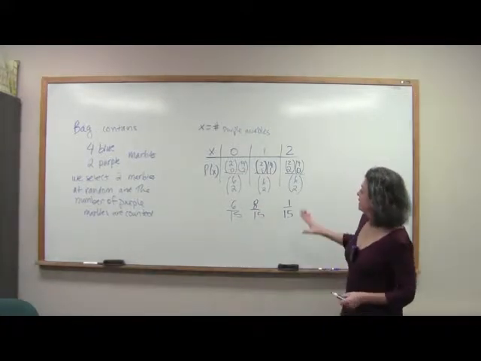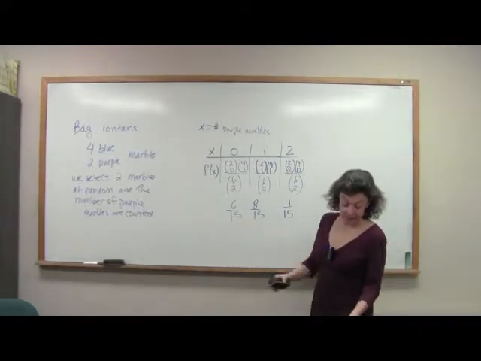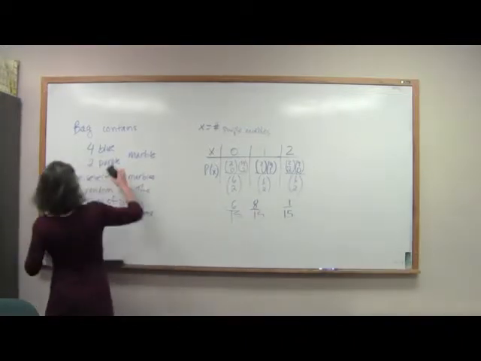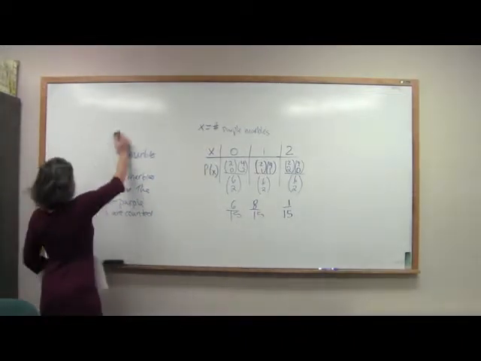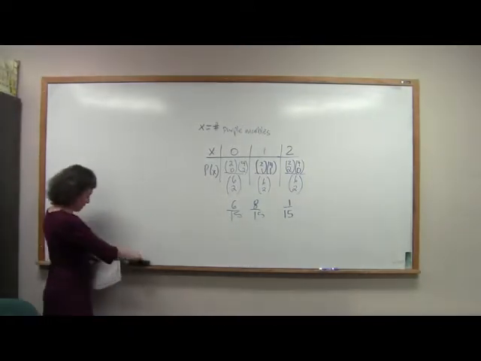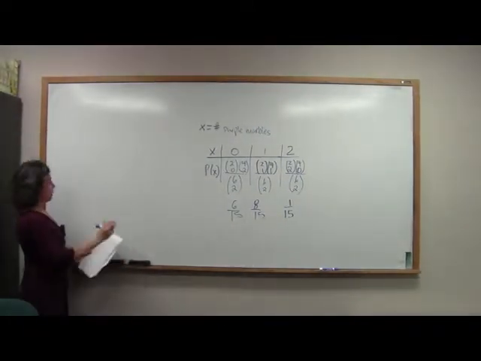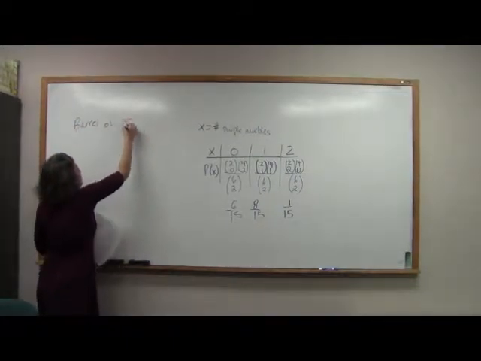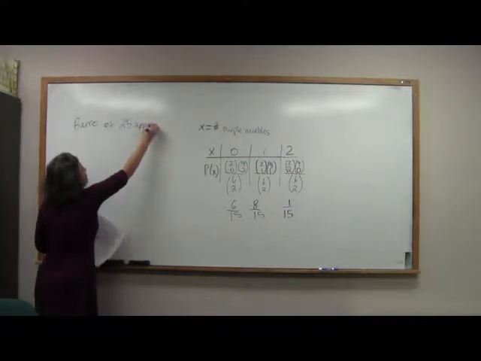All right, let's take another example similar to this. Okay, now what we're going to do is, instead of talking about marbles, we're going to talk about apples. So suppose I have a barrel of 25 apples.